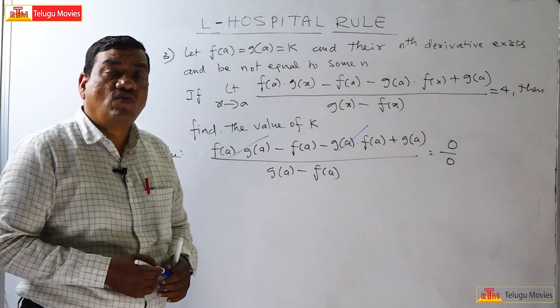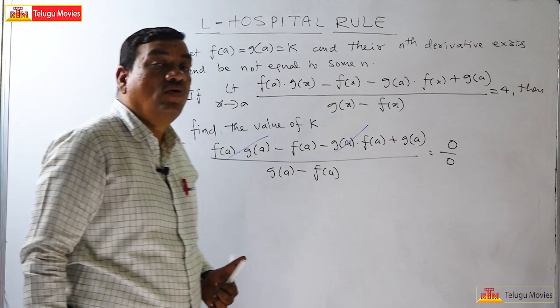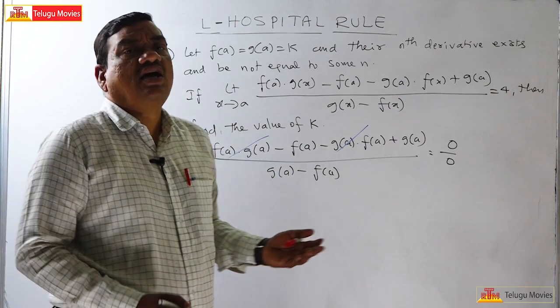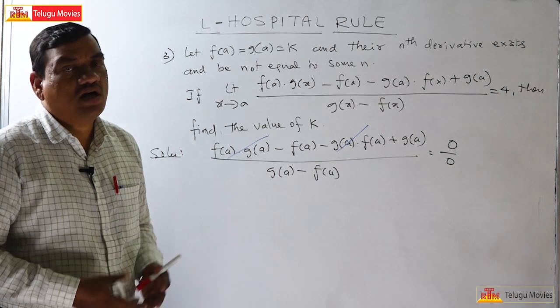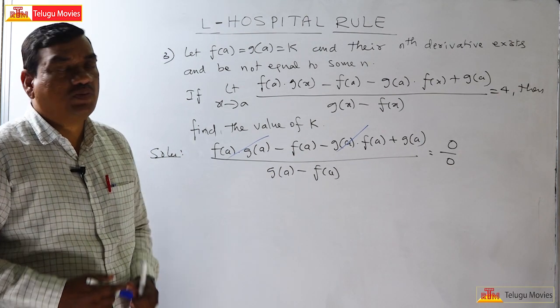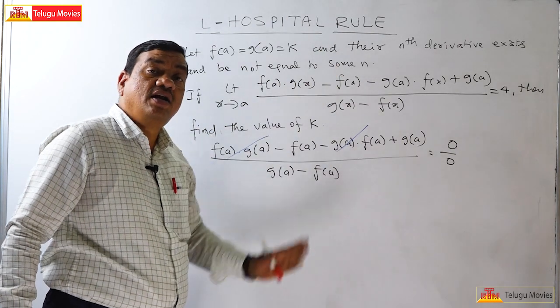Then at this time, what approach do we take? We have to take the help of L'Hospital rule, just like an ambulance. So let us invite our L'Hospital rule. We differentiate both numerator and denominator.